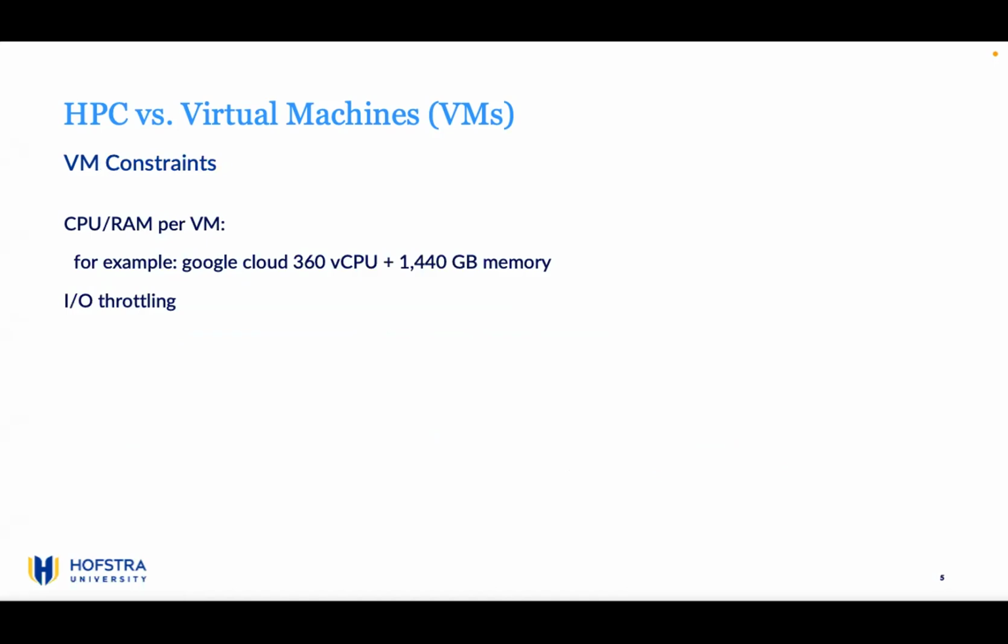As I mentioned before, the main constraints of virtual machine is limitation of CPU and RAM and input-output throttling. Just in case, I checked Google Cloud, and the biggest virtual machine which you can create there, it's 360 CPUs. That's all you can create, not bigger.